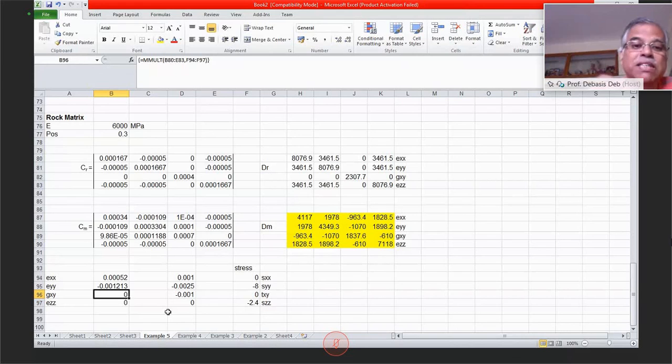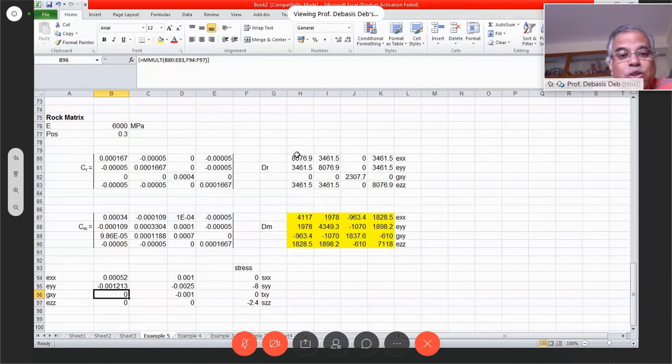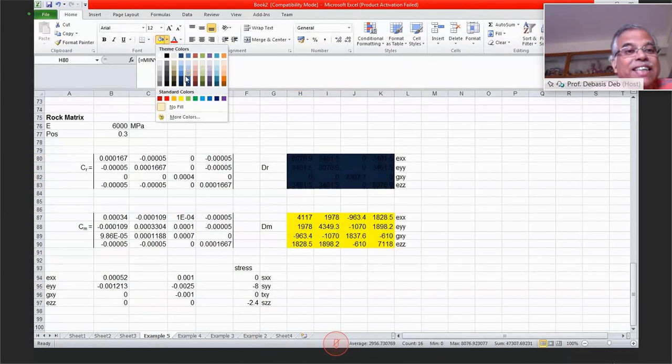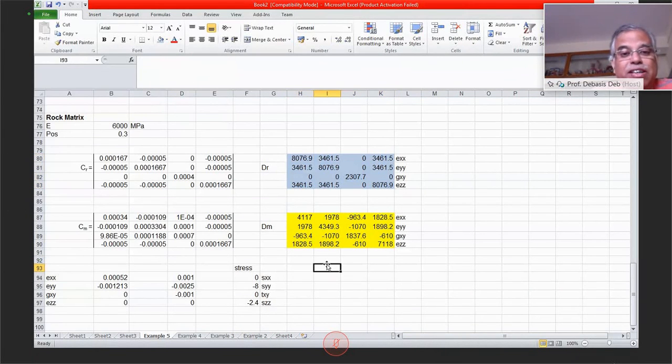So in a rock mass condition, shear does exist because the joints automatically generate that shear. Okay. So is that clear? By looking at the two, this is purely isotropic and that's basically anisotropic. Now you can see the difference.